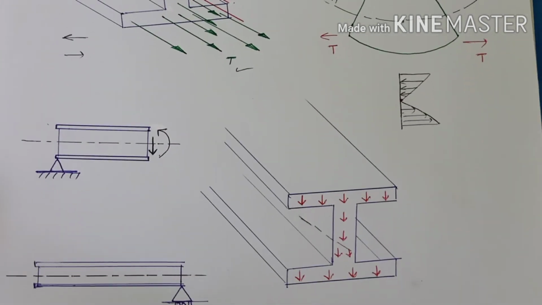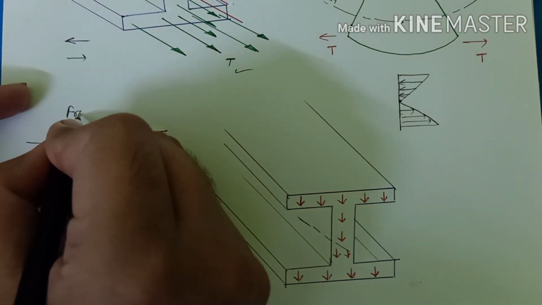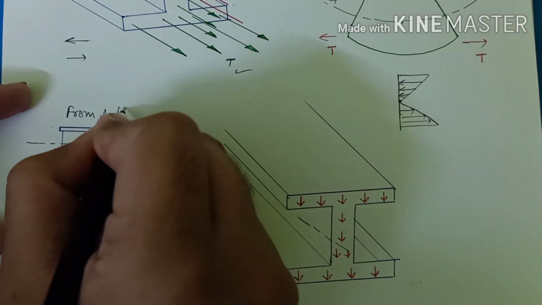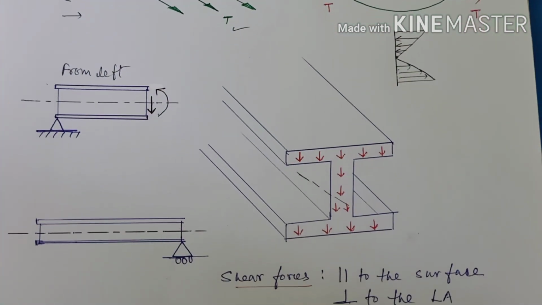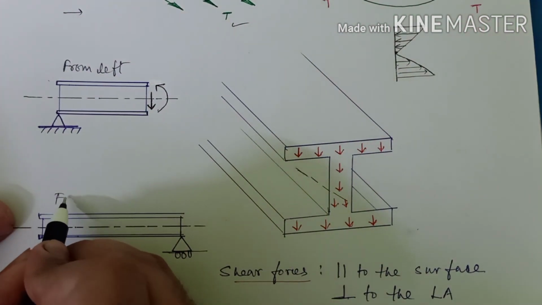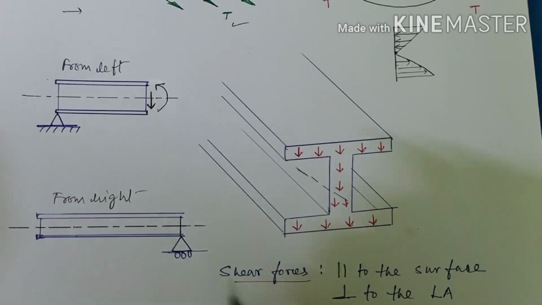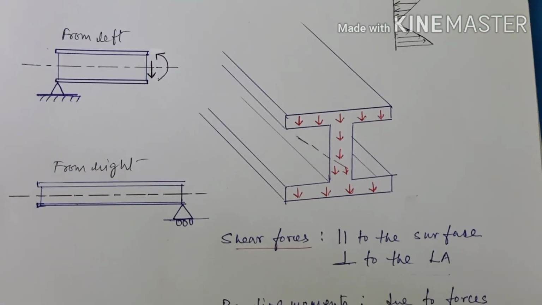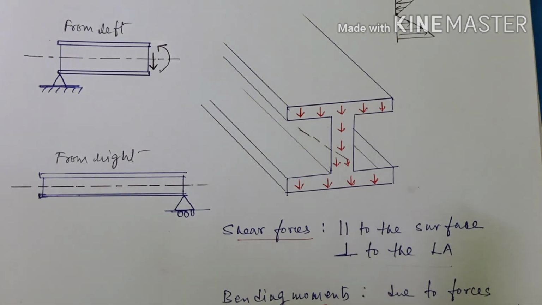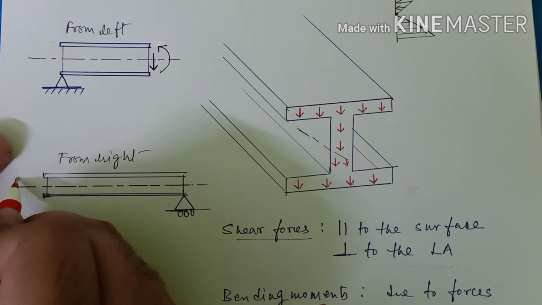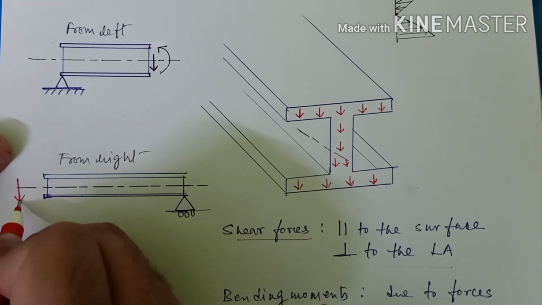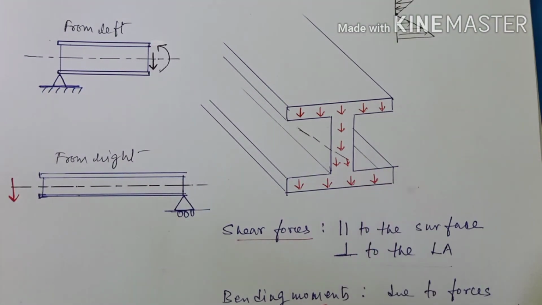So what if we cut the section from the right? Okay, so this one was from the left, and let us now cut the section from the right. So this section is cut from the right. So what will be the phenomena over here? See, if we talk about the shear force, that will be unchanged, that will be acting in the downward direction only, like this, right?